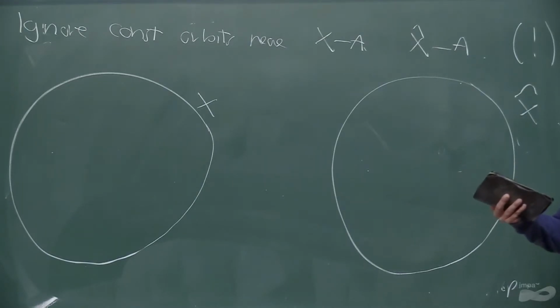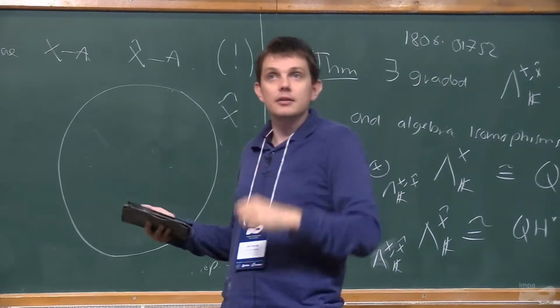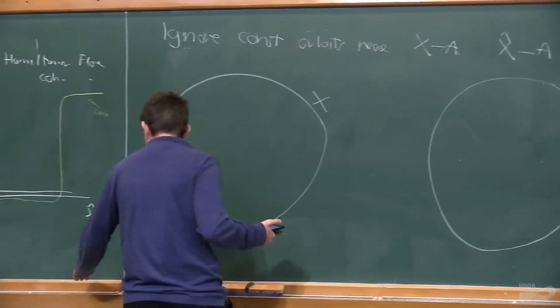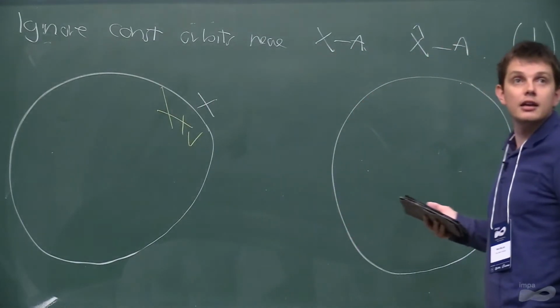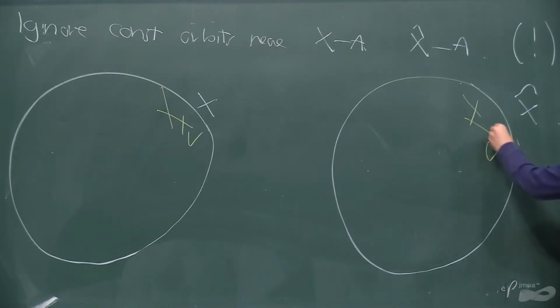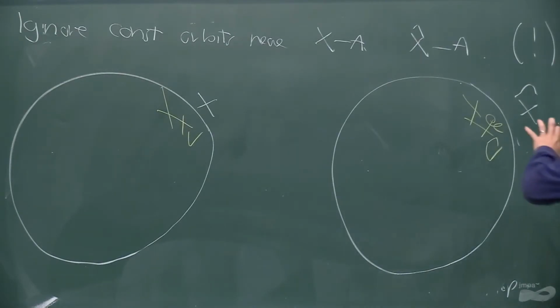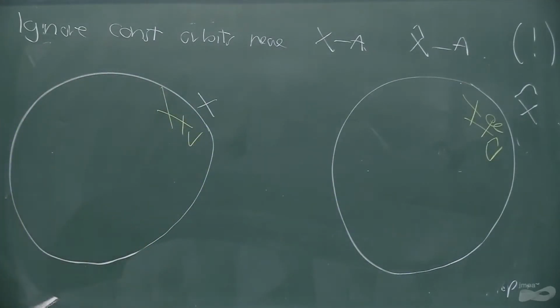These are complex codimension 2 subvarieties. I'm going to draw that in green. It's some horribly singular thing, and it's V here, and here's V hat. The V hat could look very different. It could have some sort of horrible singularity like this. But outside V and V hat, X and X hat are identical as varieties. And then away from V and V hat, I have this common affine subvariety.